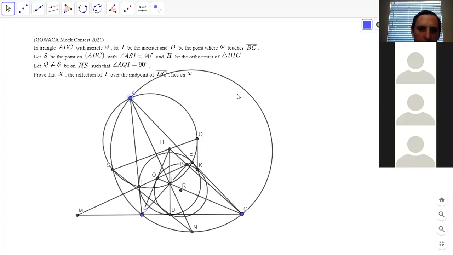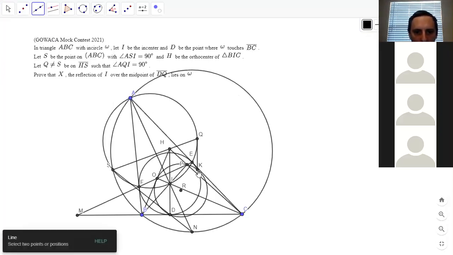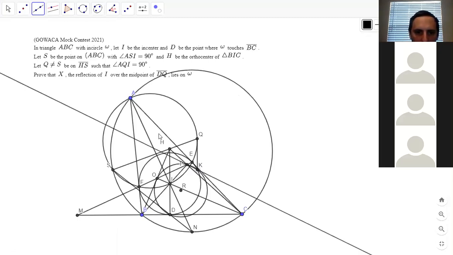Is KP parallel to AQ? It looks like KPIR might be a parallelogram. No. But I'm confused. Why do we want to prove DK is perpendicular to AQ?